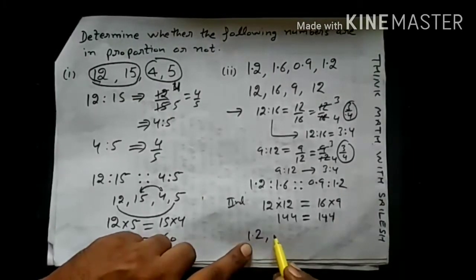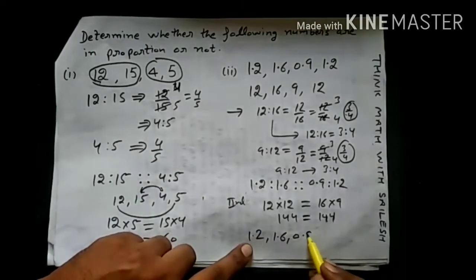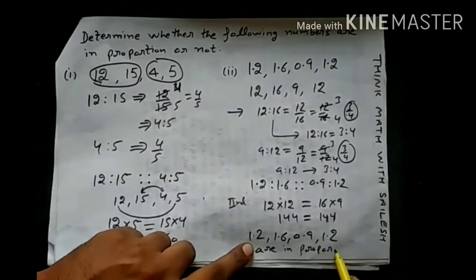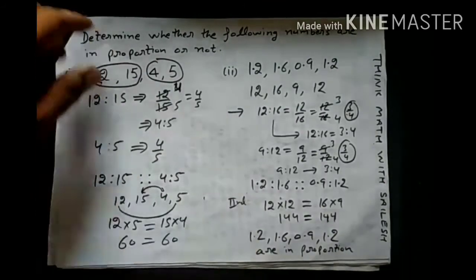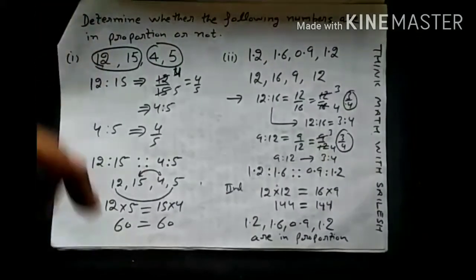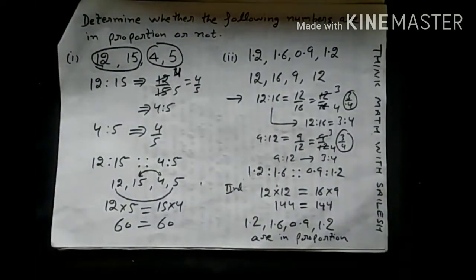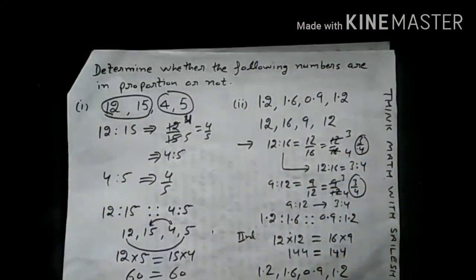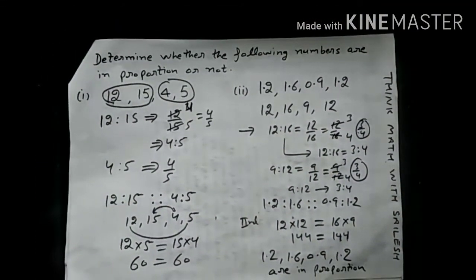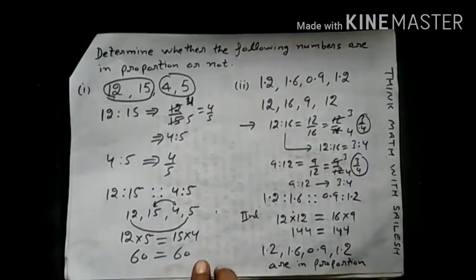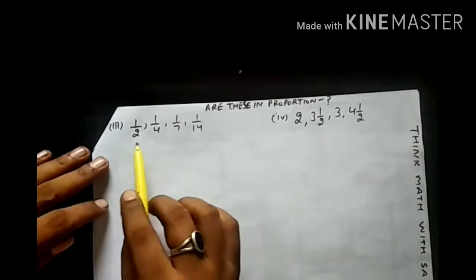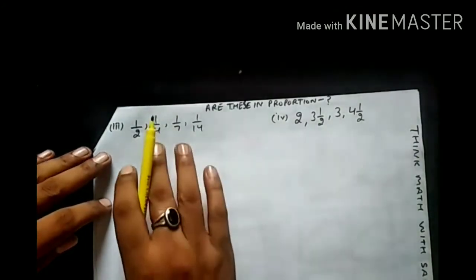Now we can write 1.2, 1.6, 0.9 and 1.2 are in proportion. So in this way we come to know two methods to check whether a group of four numbers is in proportion or not. The first is the division method, converting to the simplest form, and the second is the multiplication of extremes and means.